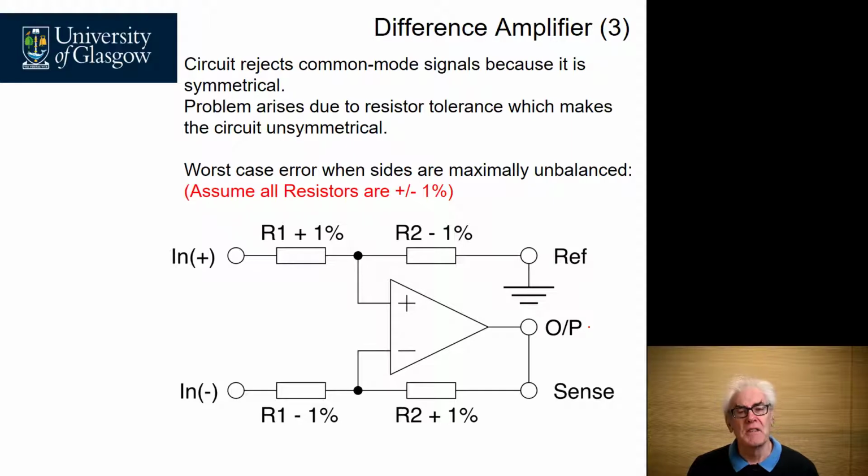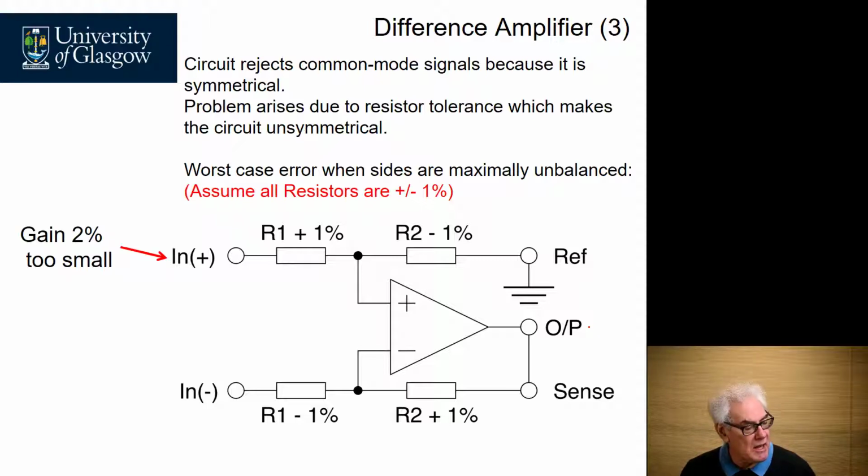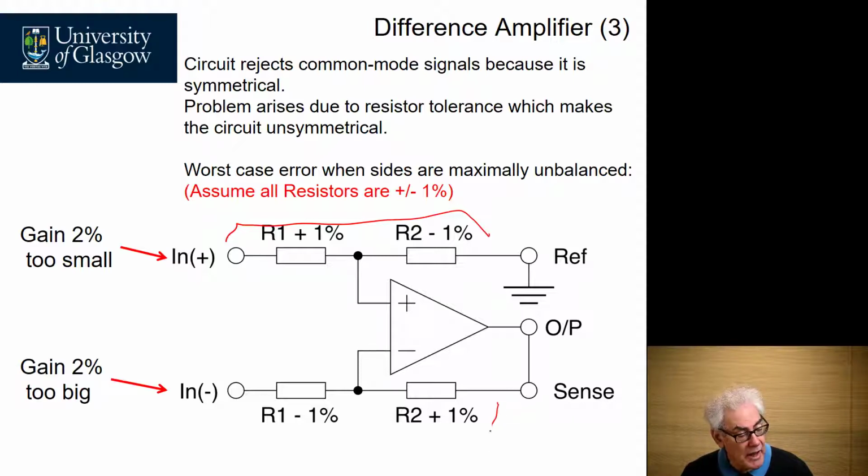For this analysis, we'll assume that all the resistors are 1% tolerance, but it could be anything. Looking at the analysis here, R2 over R1 would be approximately 2% small, because the gain is defined by R2 over R1, and R2 is smaller than R1 by 1%. On the other leg, the gain is 2% high for exactly the same reason.